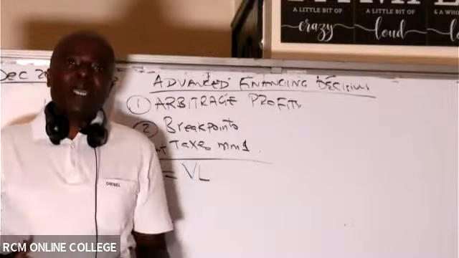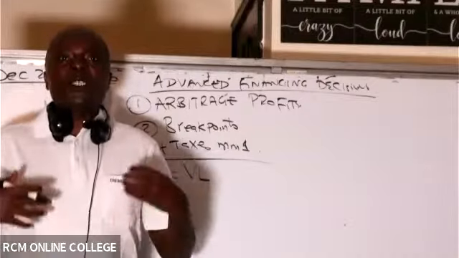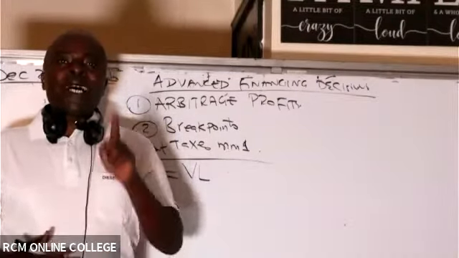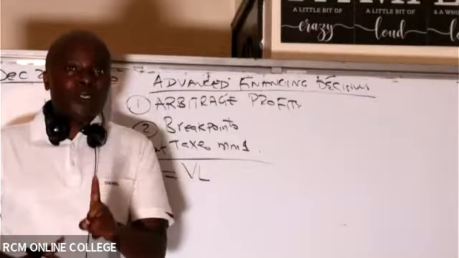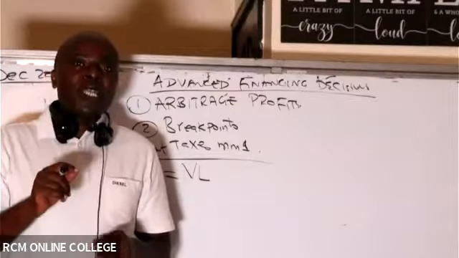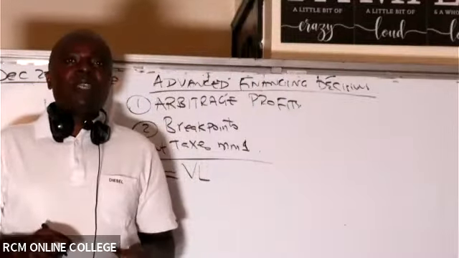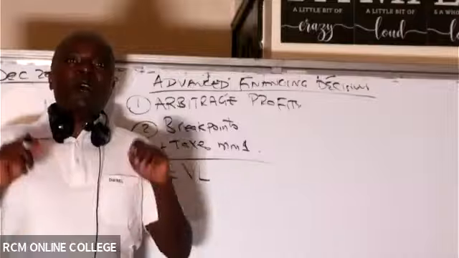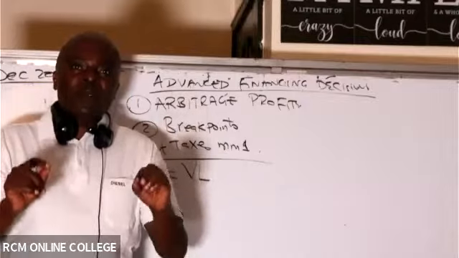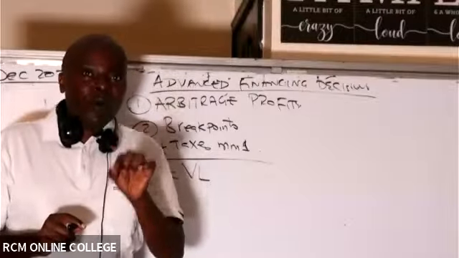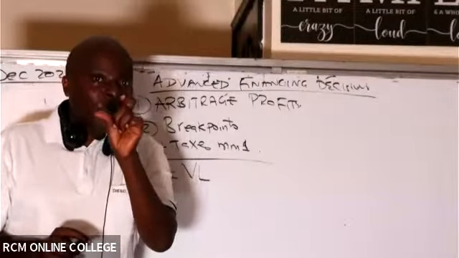Remember, ladies and gentlemen, we as finance scholars, we shall always tell you to always ensure that you have got loans, because if you have got loans, then the interest here will be tax allowable. Even we as individuals, if you have a mortgage, your PAYE will go down. The tax payable will go down because of the interest on mortgage.